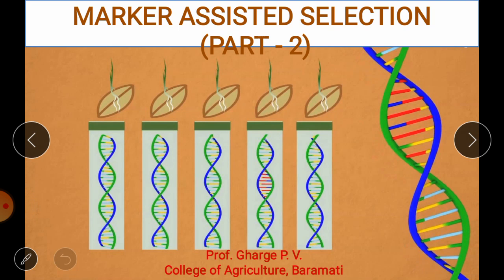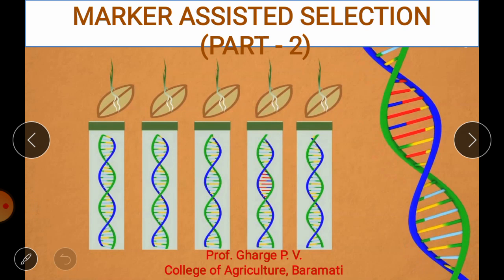But before the start of this lecture, I would like to recall a few terminologies, such as what is meant by marker. So you know that any property of an individual showing a heritable variation is called a character. When such a character can be easily identified, it is termed a marker character. Those characters we use for making a selection, therefore they are called markers.